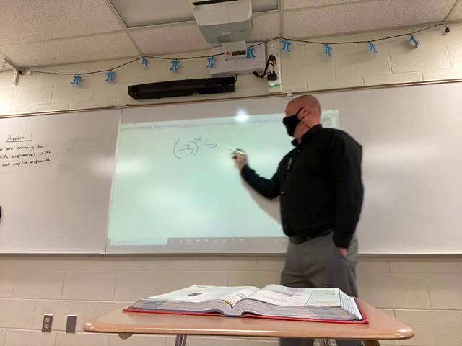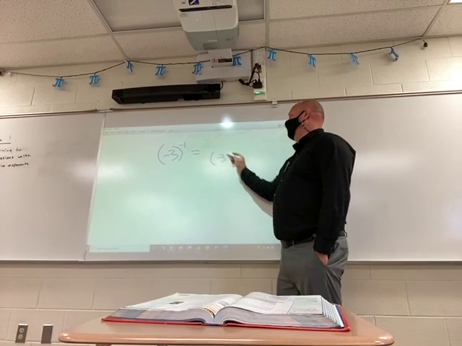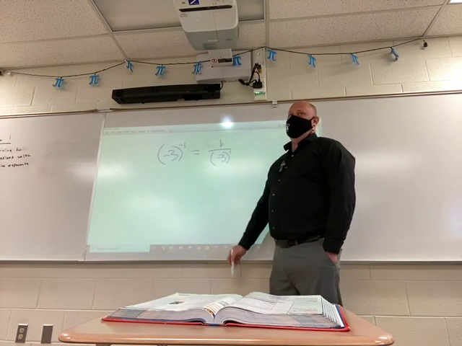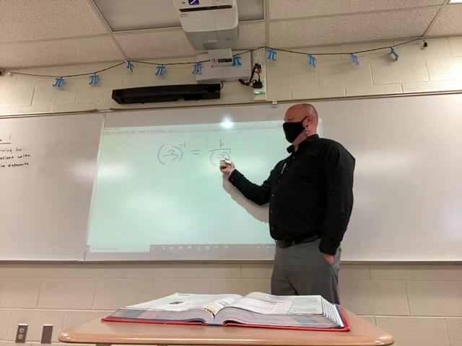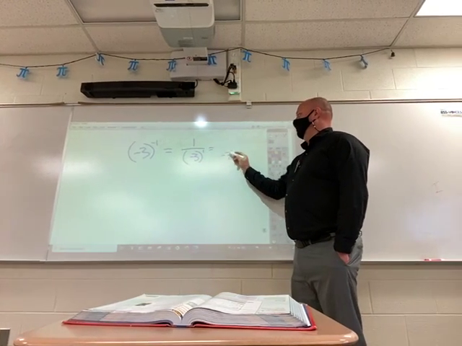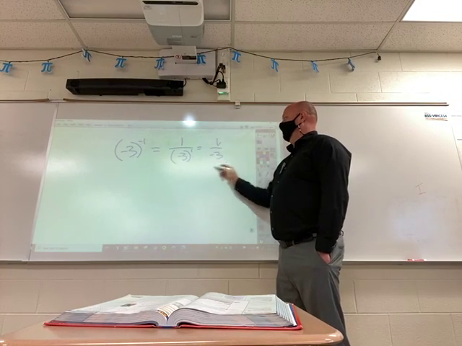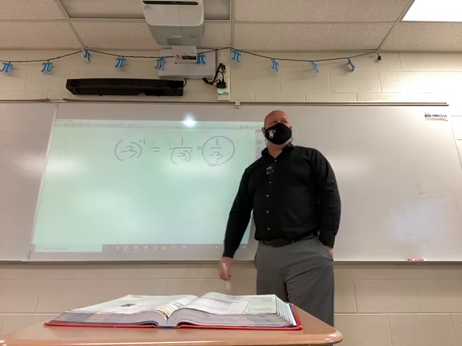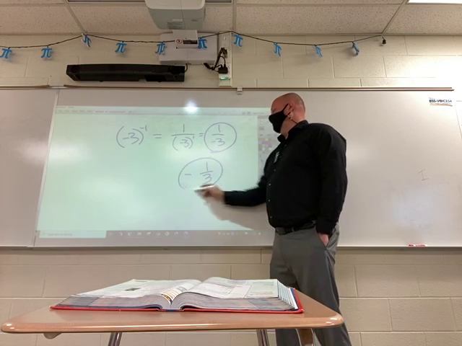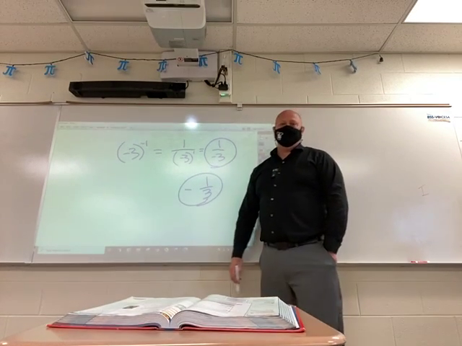You just move it to the bottom, so that negative 3 goes to the bottom, becomes to the positive 1, and then negative 3 to the first power is just negative 3. So the answer is negative 1/3. You can write it like this if you want. Those are all the same thing.